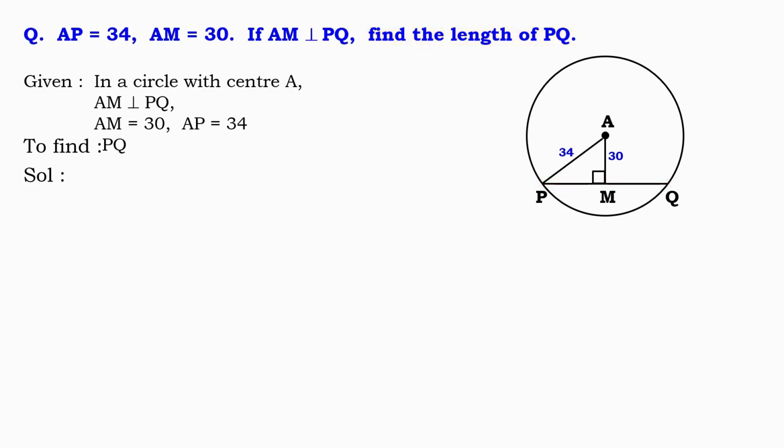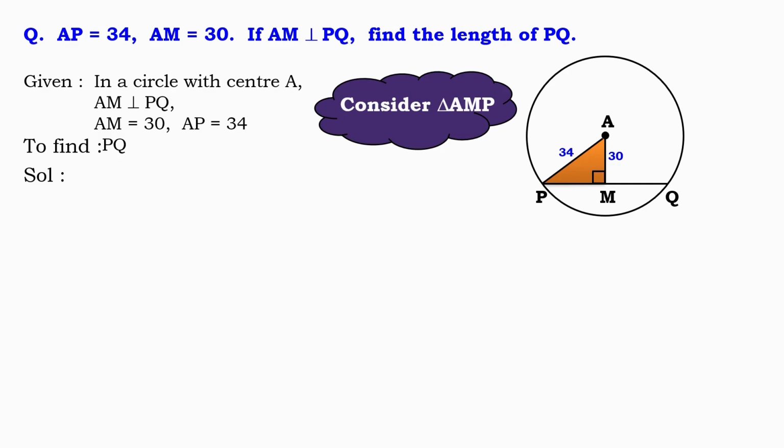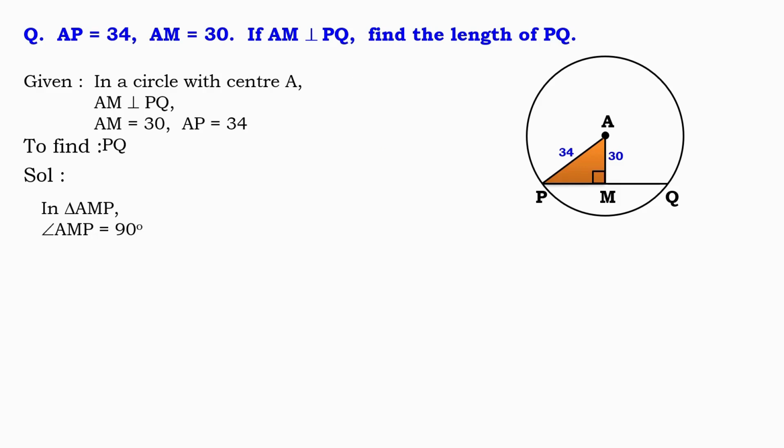So how are we going to solve? Again, here also we need to apply the theorem. Let us consider triangle AMP. Before we apply the circle theorem, first we need to find out the PM value. So in triangle AMP, angle AMP is equal to 90 degree.